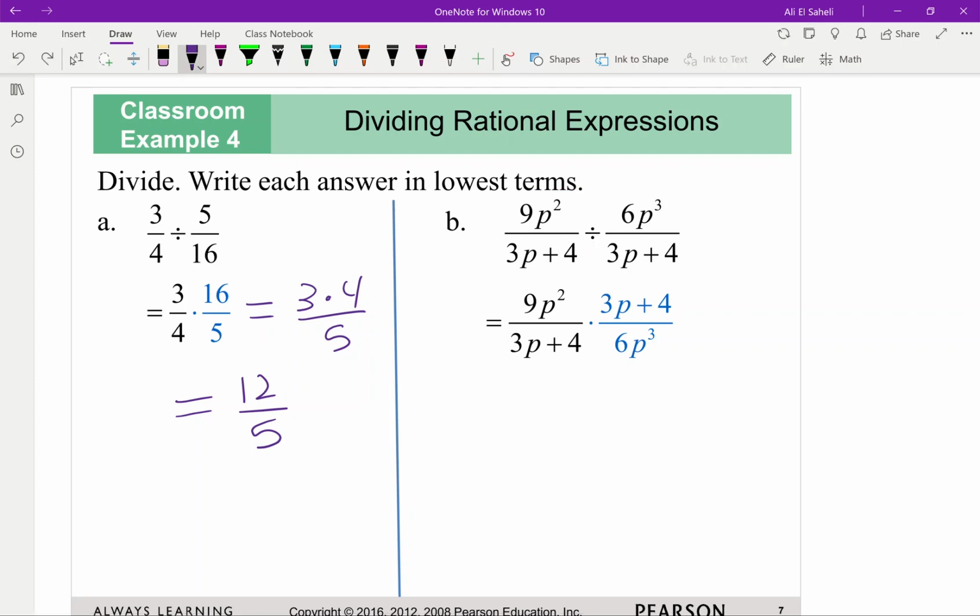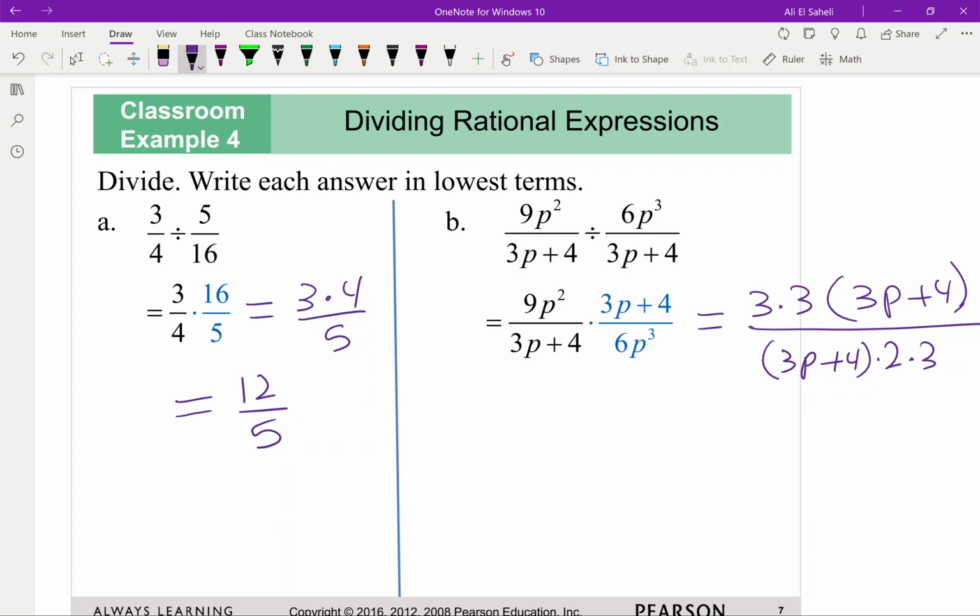Dividing this by this, we flip this and we multiply. So what we have is 9 becomes 3 times 3, 3p plus 4, there is no common factor here, divided by 3p plus 4, 6 is 2 times 3 times p cubed.